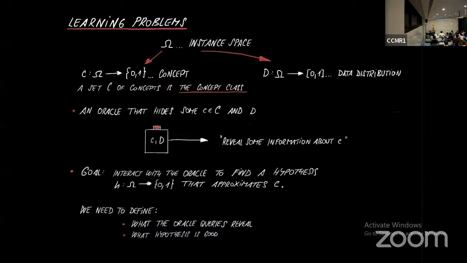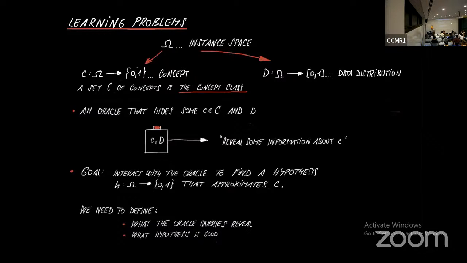So let me give you a bit of a statistical learning theory refresher. Statistical learning theory is a mathematical framework in which you can reason about learning problems. You can prove lower bounds, and also design algorithms. To be able to do this, you need to define what a learning problem is, and in order to do that, you have to use notions like instance space.